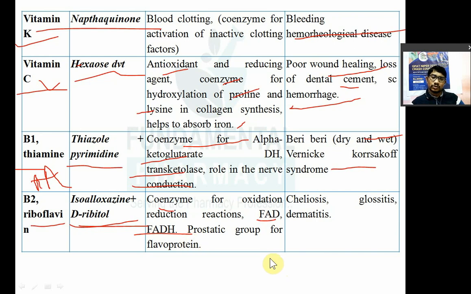It is also a prosthetic group for flavoproteins. Deficiency of vitamin B2 causes cheilosis, breaking of your lips and corners of your mouth, glossitis and dermatitis.